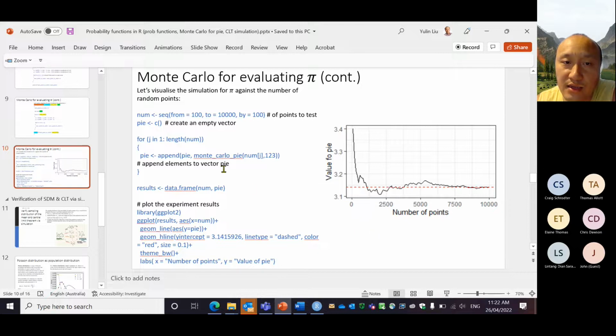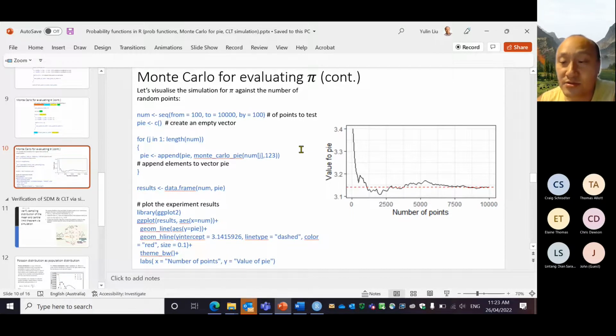And then the number of points comes from the sequence I set up initially. This sequence is from 100 to 10,000 by 100. So there are 100 elements in this sequence: 100, 200, 300, 400, 500, 600, 700, 900, 1,000, 1,100, 1,200, all the way up to 10,000.